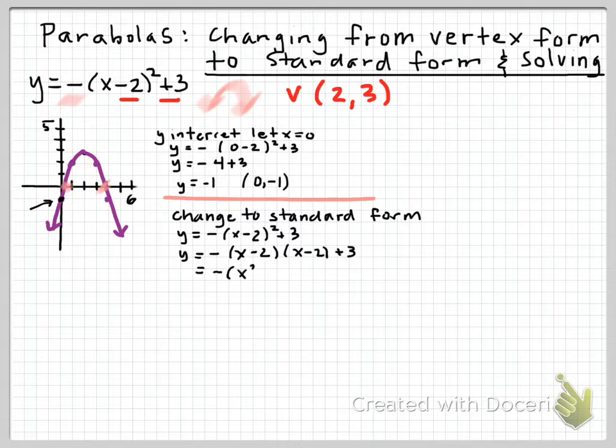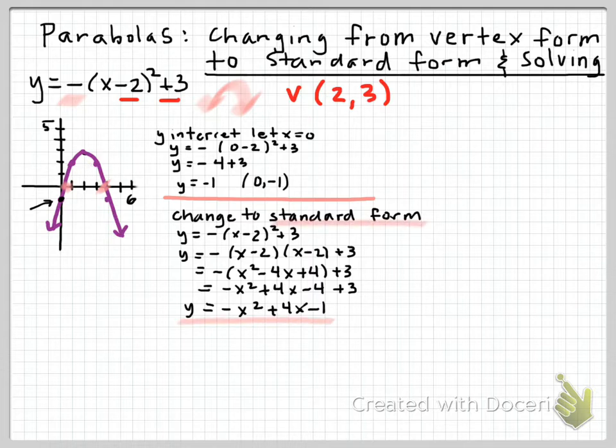And I'm going to do what they call foiling, but it's just distributing those binomials together. Then you'll also see that I have taken that -1 and multiplied it. Finally, I added the 3, and I get y equals negative x squared plus 4x minus 1. And so that right there is what we call standard form, and we can see the a, b, and c terms.